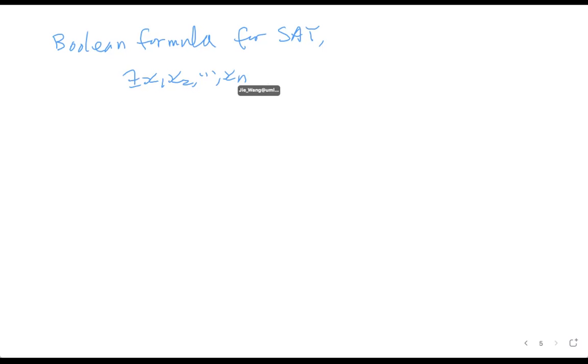Okay, so when we first look at Boolean formula in connection to satisfiability, what we implicitly mean, for SAT, is that there exists x1, x2 to xn such that this formula is true.